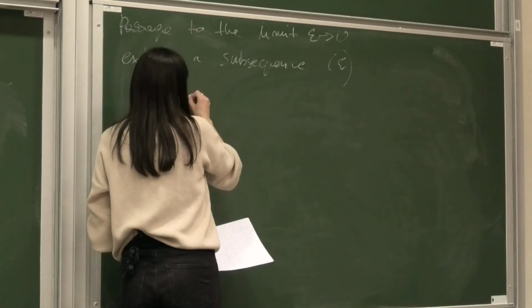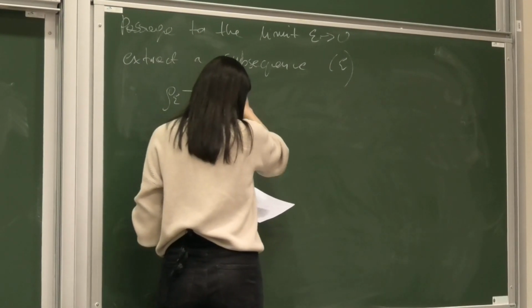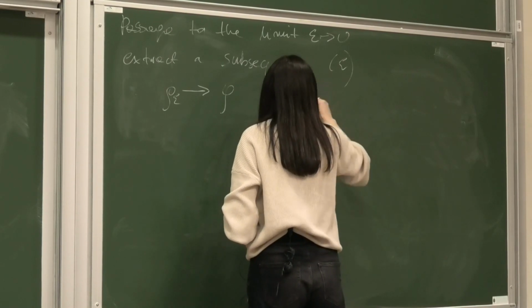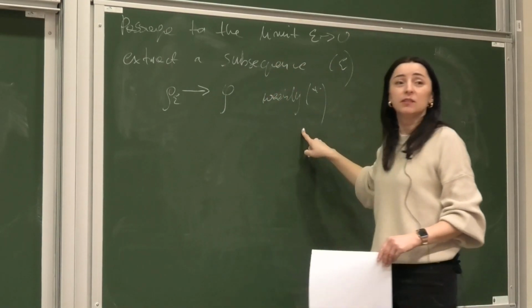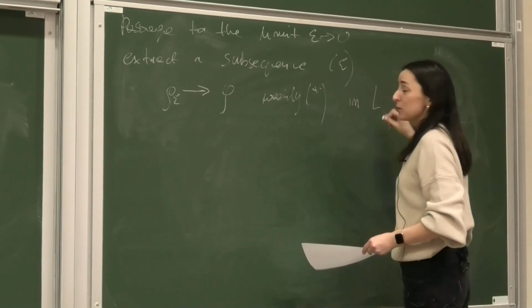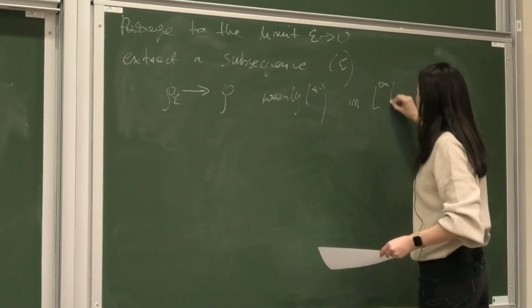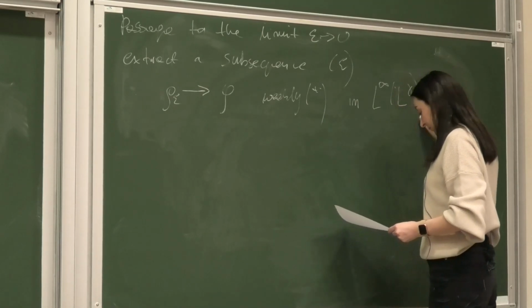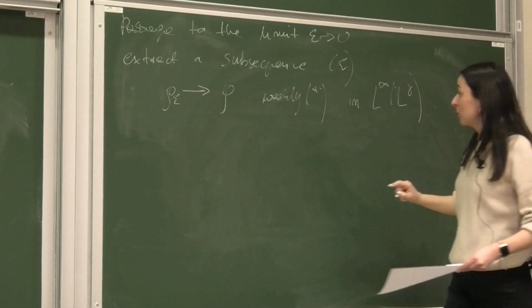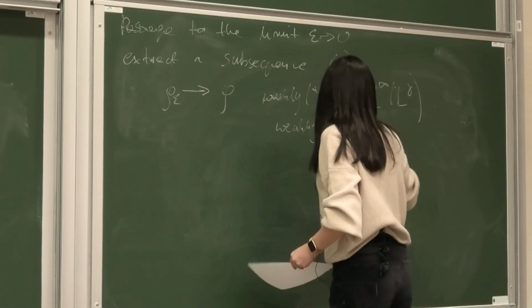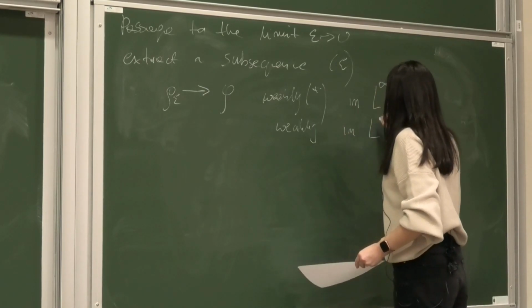So first of all, rho epsilon will converge to rho weakly star, because L infinity spaces are involved. So let's say we are on a bounded domain, so it's L infinity L gamma. Right? And we also know that this convergence will happen weakly in L gamma.